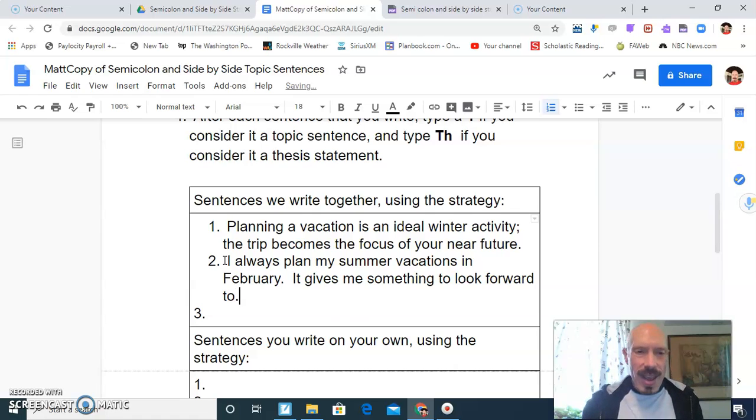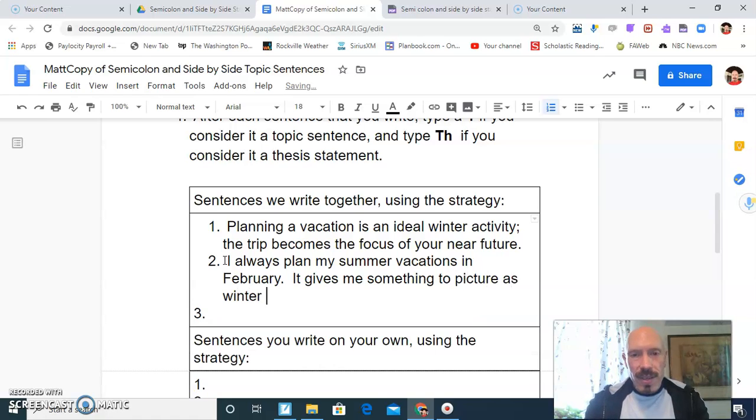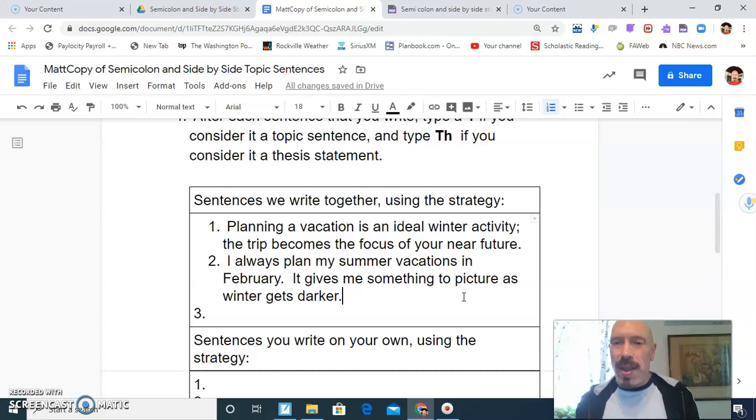Now, I hate dangling prepositions. It gives me something to picture as winter gets darker. How's that? Okay, I like it. And I can write all about how I'm picturing vacation.